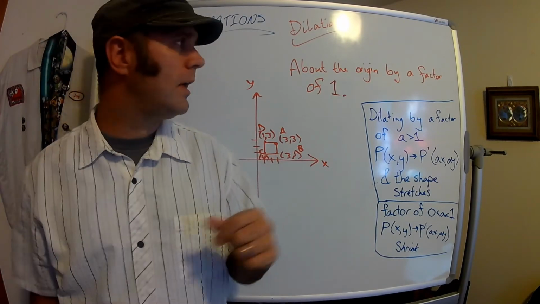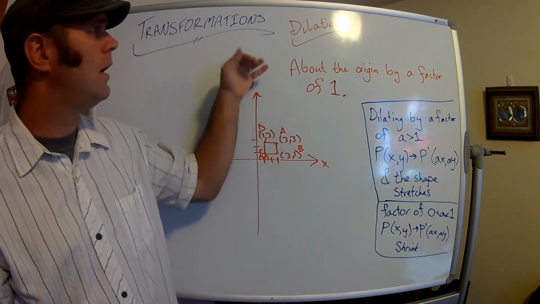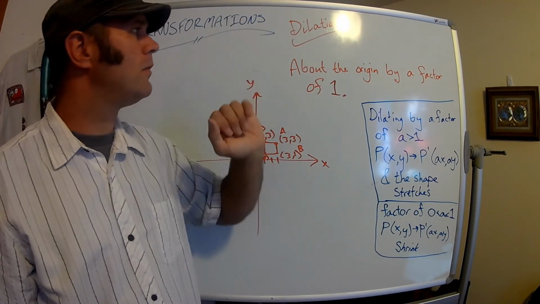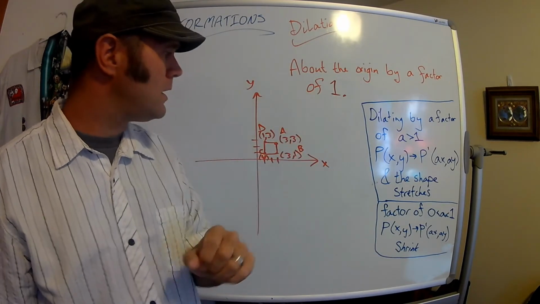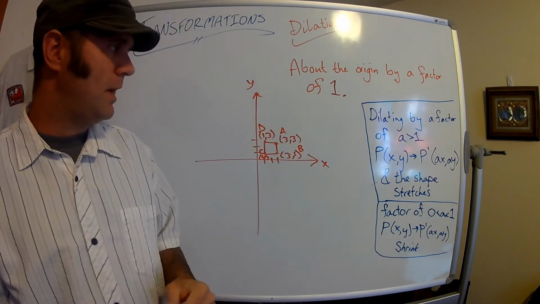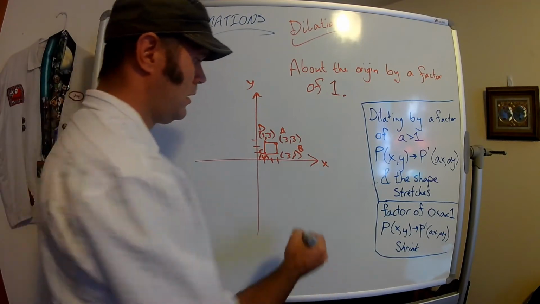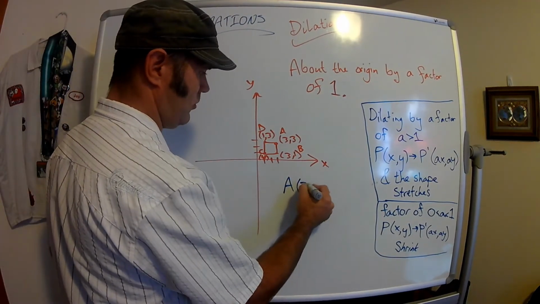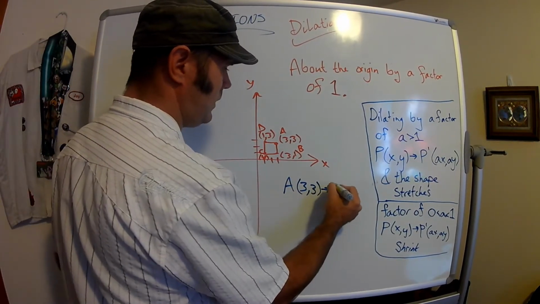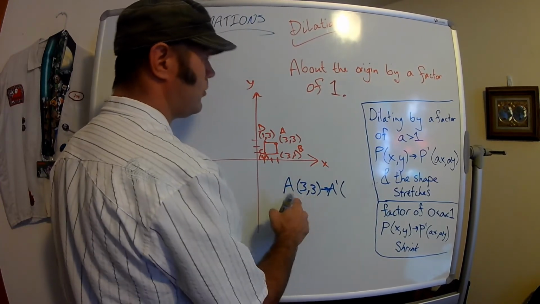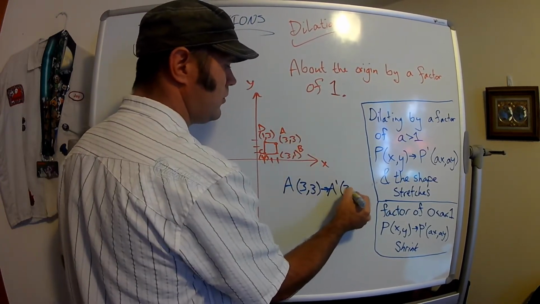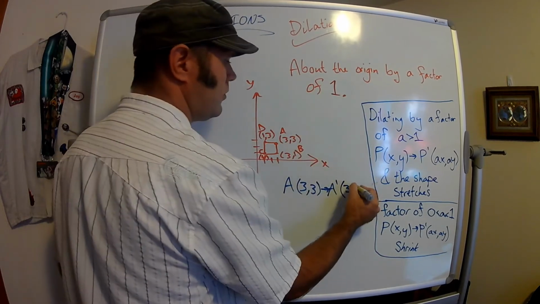All right, here is our next problem. We are dilating about the origin by a factor of 1. So when you dilate by a factor of 1, we get A, which is 3, 3, becomes A prime, which is 3 times 1, which is 3, and then 3 times 1, which is 3.